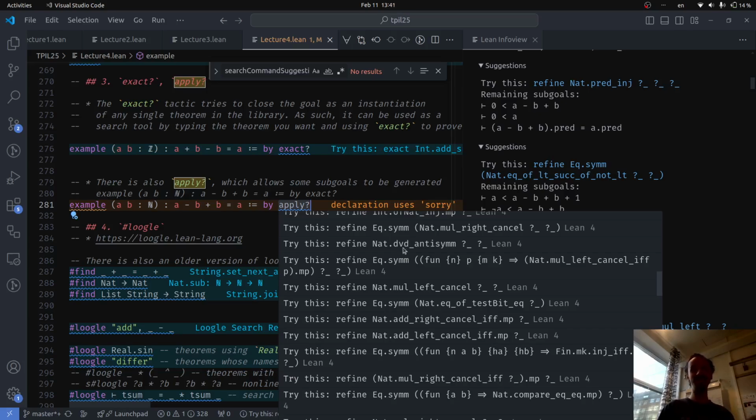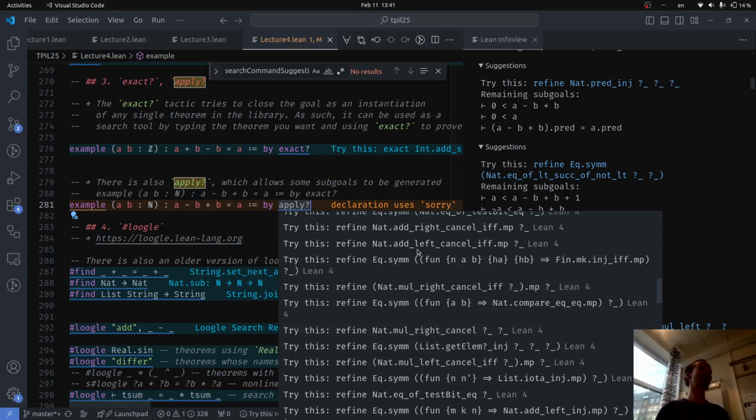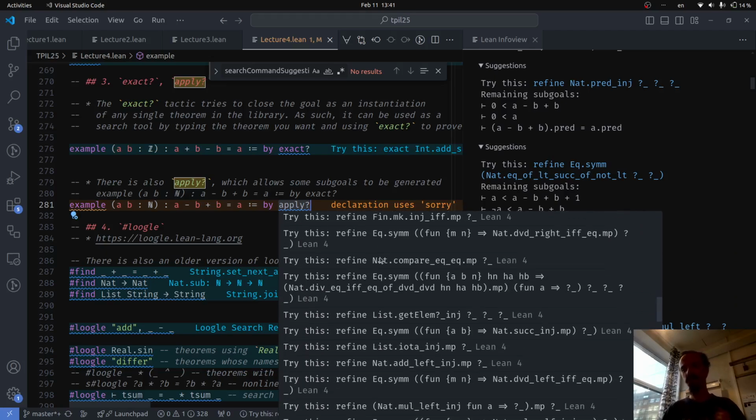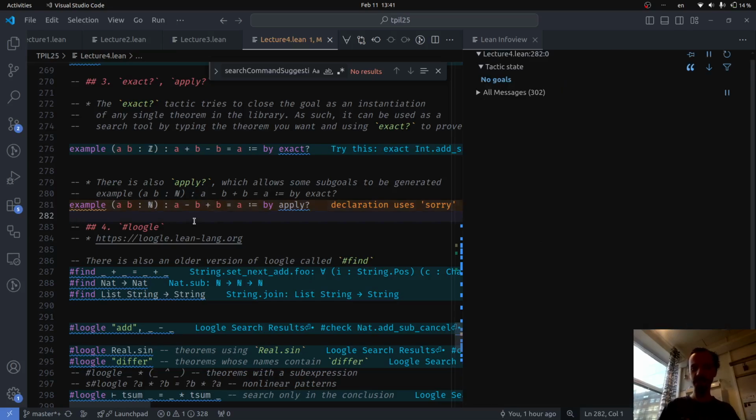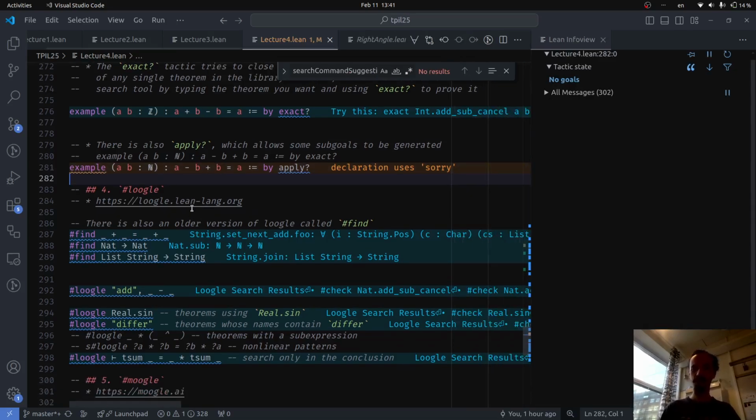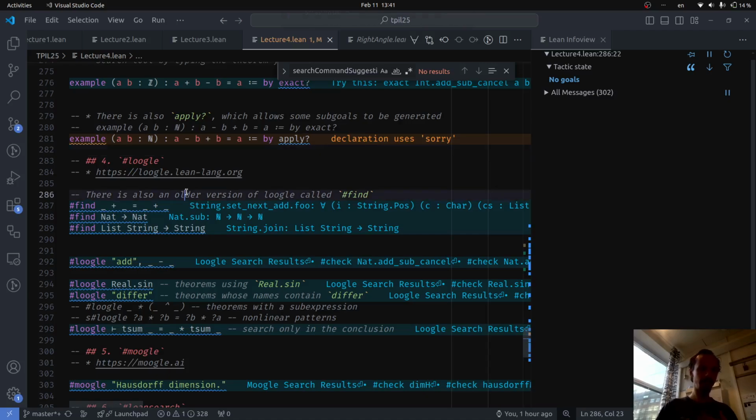Or you could apply dvd_antisymm. Maybe you want to prove that one divides the other and vice versa. So lots of things apply if the goal is to prove an equality. And because of that, you can end up with a lot of stuff. But it's an option. Put it in your toolbox.